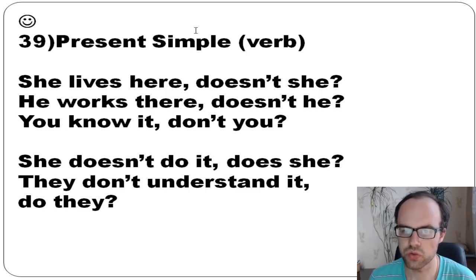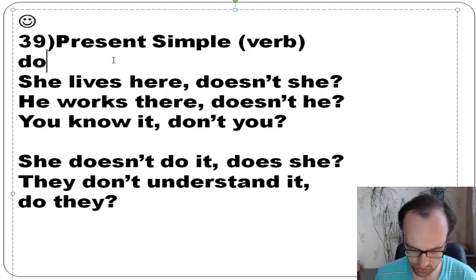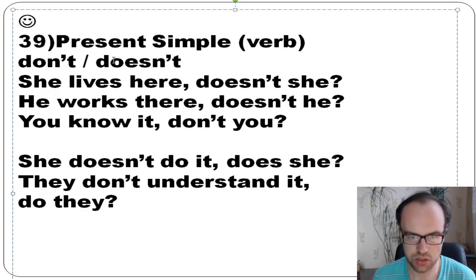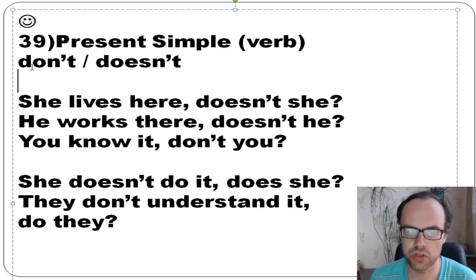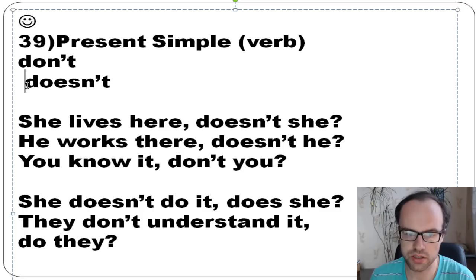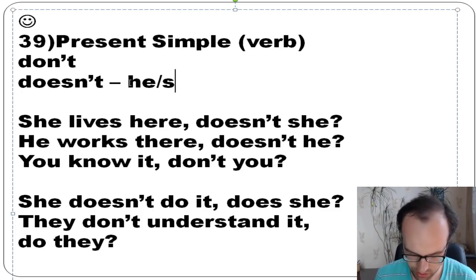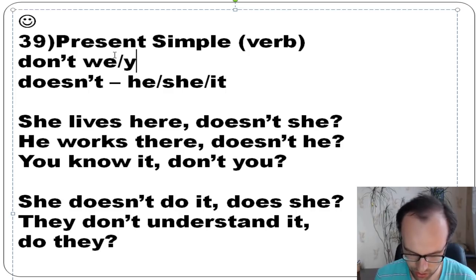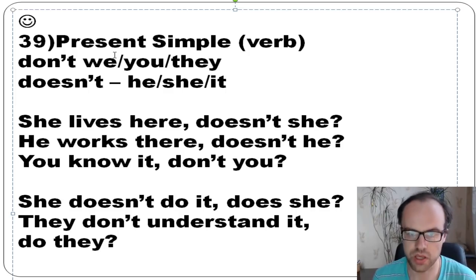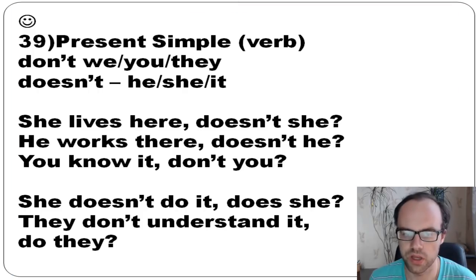If we don't have the verb to be, we use don't or doesn't. So you know that we use doesn't with he, she, it, and don't with we, you, they. Look, she lives here.